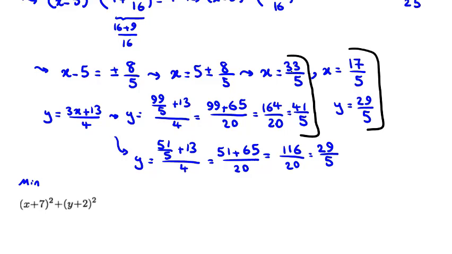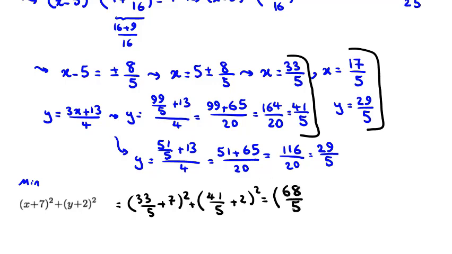So if we consider the first case, 33 over 5 plus 7 squared plus y squared, which is 41 over 5 plus 2 squared. 5 times 7, 35. 35 plus 33 is 68 over 5, squared, plus 5 times 2, 10. 10 plus 41 is 51 over 5, squared. This is the first case.